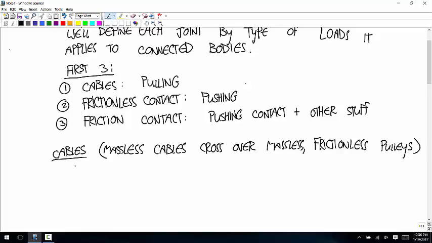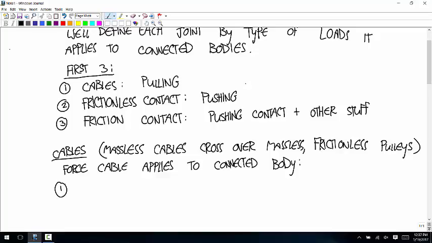So the force that a cable applies to a connected body is parallel to the cable and away from the chosen body.